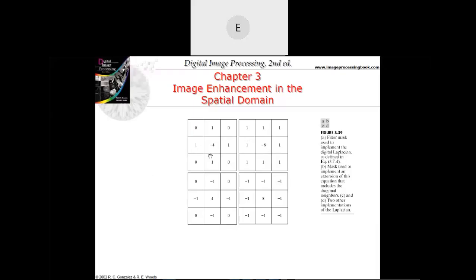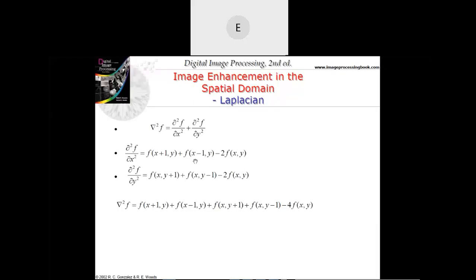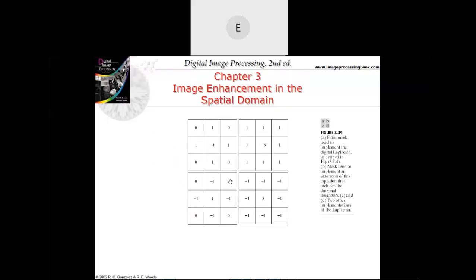Another question is, in this formula, I have taken this as minus, this as plus. Whether I take the difference like this or like this, finally you are going to get the edge information. So I can make this plus and make these two minus, which means this will become plus and these four will become minus. So I can use even this kernel also: center value plus 4 and the 4 neighbors as -1.